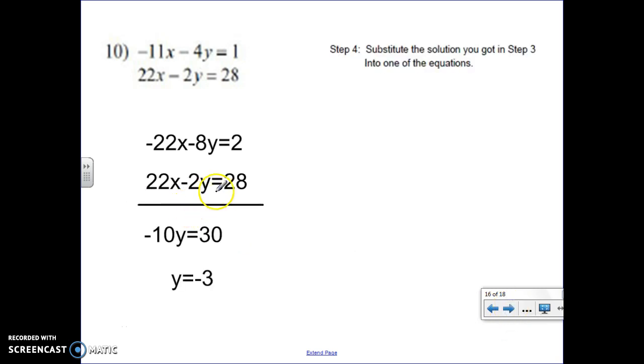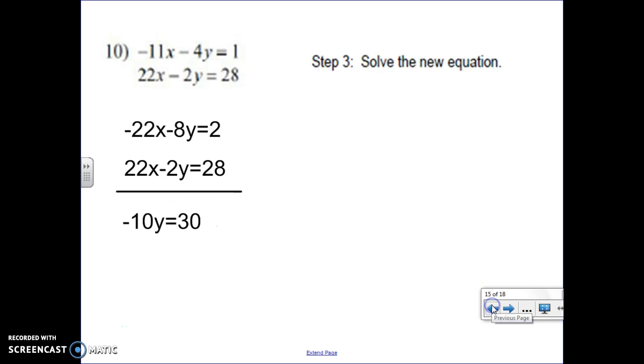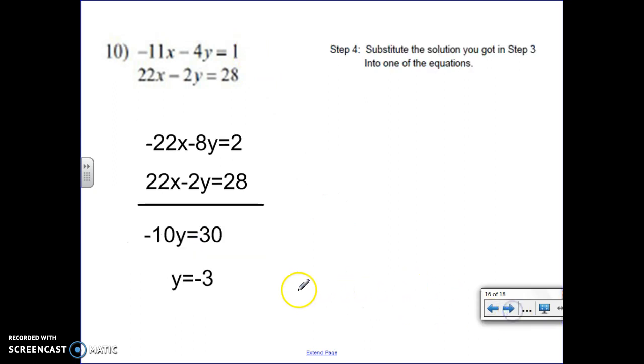So now, what we're going to do next is divide both sides by negative 10. So I get y to be negative 3. Now that I have y equaling negative 3, I can find out what x is by plugging it in.